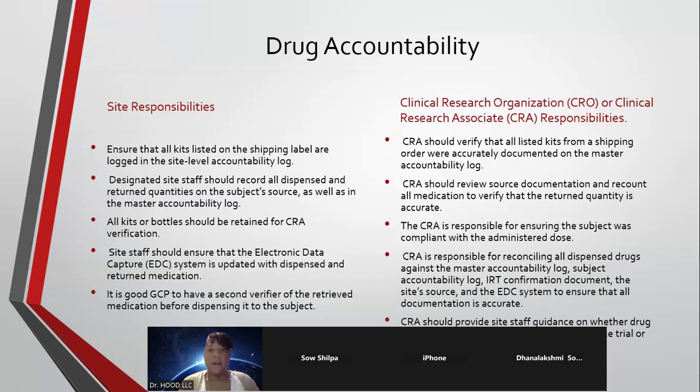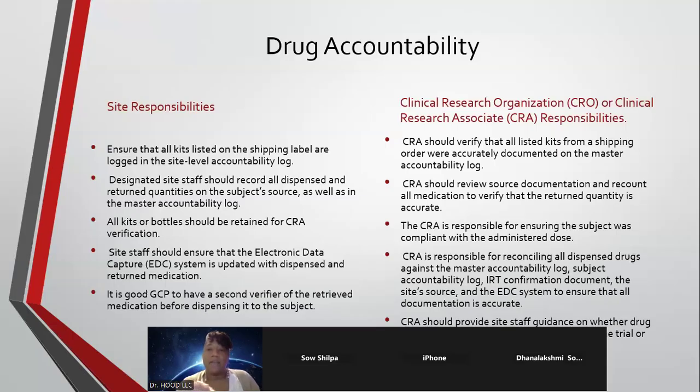So first you've got that RTT system. Did the site pull the right drug? Then you have that source document. Did the site provide the right drug? Okay. Then you have the source document to say, was the right drug returned? Then you have the electronic document, the EDC, which says, was the data correctly transcribed from that source into the system?